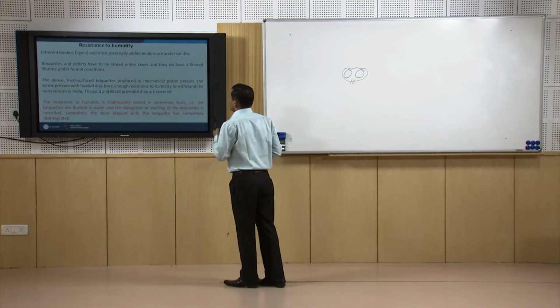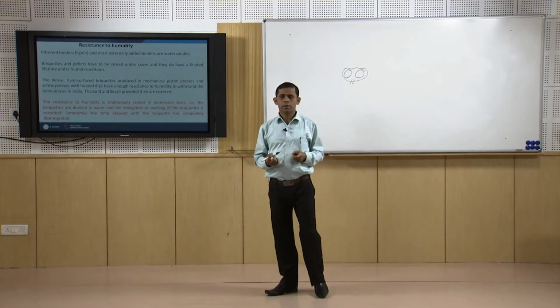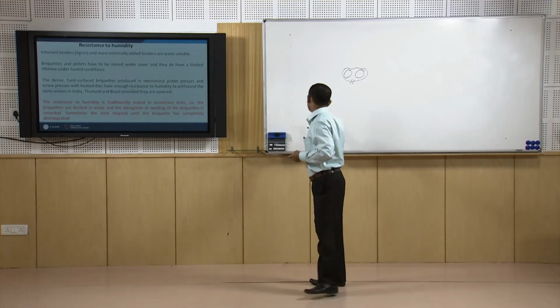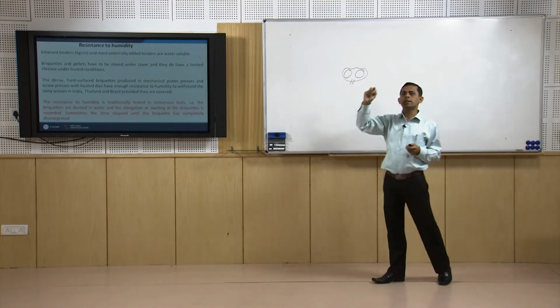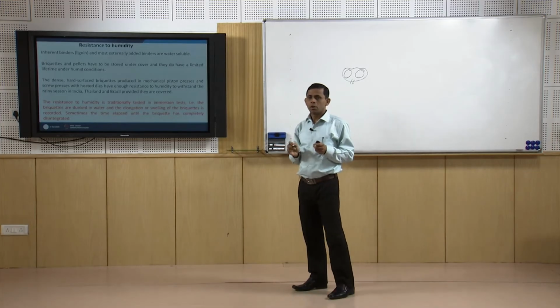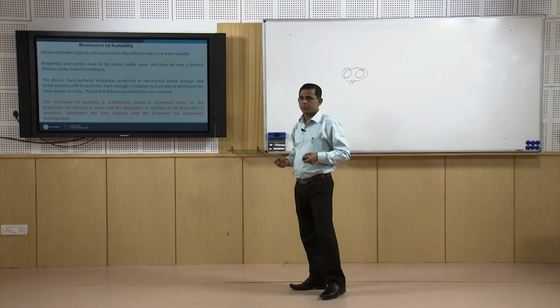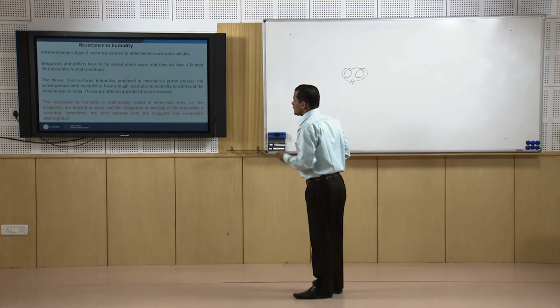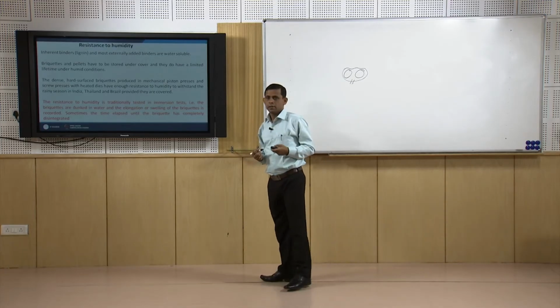So, we have to quantify the resistance to humidity. That means we put the material under humid conditions and see how long it is able to resist, or how it changes its properties by expansion. That will be studied. For this, it is traditionally tested in an immersion test.